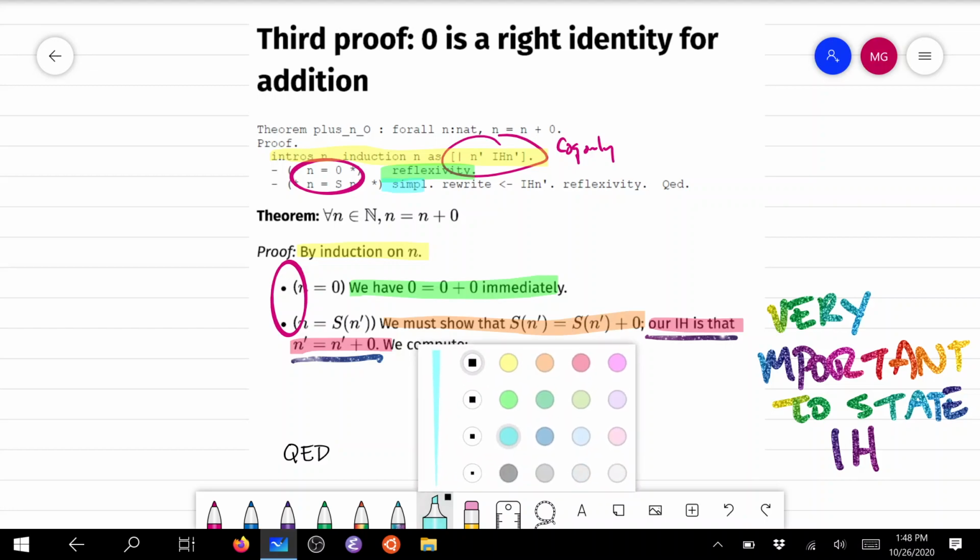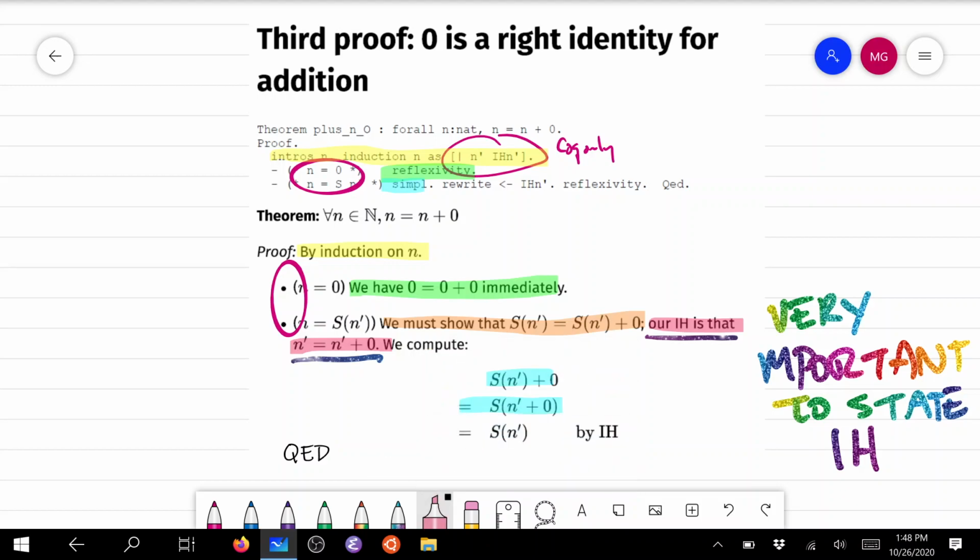And then the rewrite IHn, which maybe I'll do in that same IH color, corresponds to this step. Though really what's happening, let's do a different color, is that this goes to that by the IH. Now you don't need to explicitly say that. Just state right up here what that IH is. A reader can verify that matches. But I just want to highlight exactly the bits of reasoning going on there.